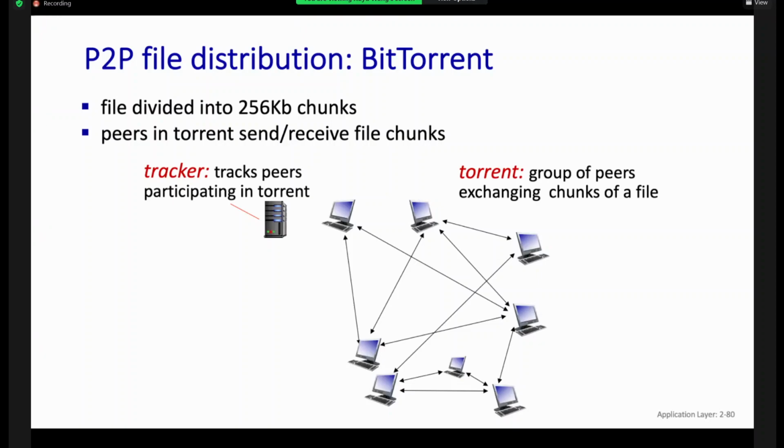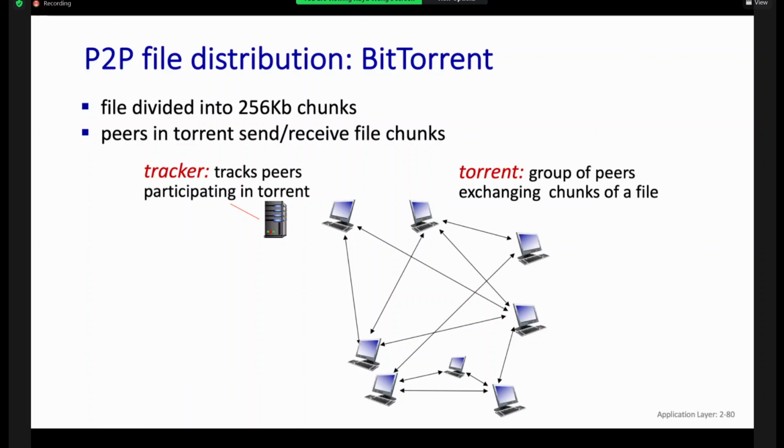And in this, the torrent. What is a torrent? A torrent is a group of peers exchanging chunks of the file, and peers in the torrent can receive or send file chunks. BitTorrent also needs a tracker to keep track of the peers participating in the torrent.